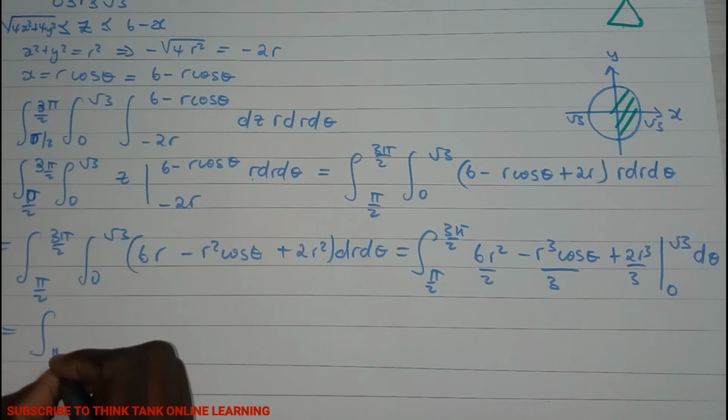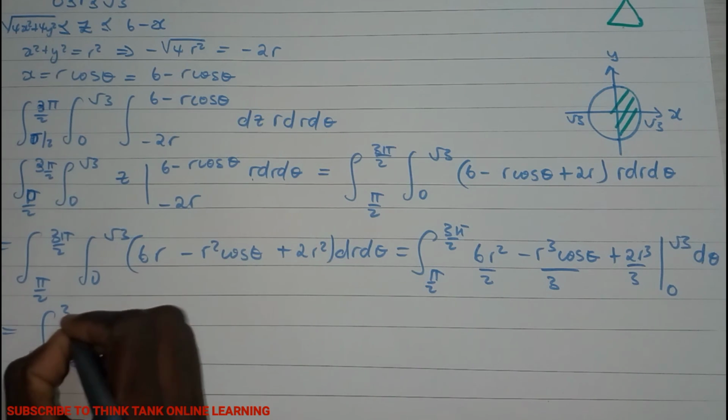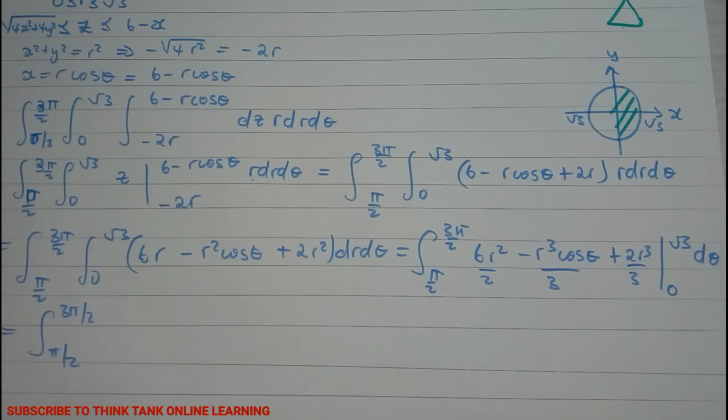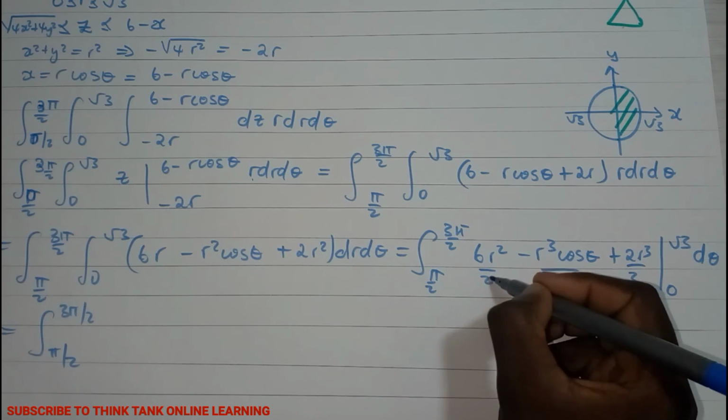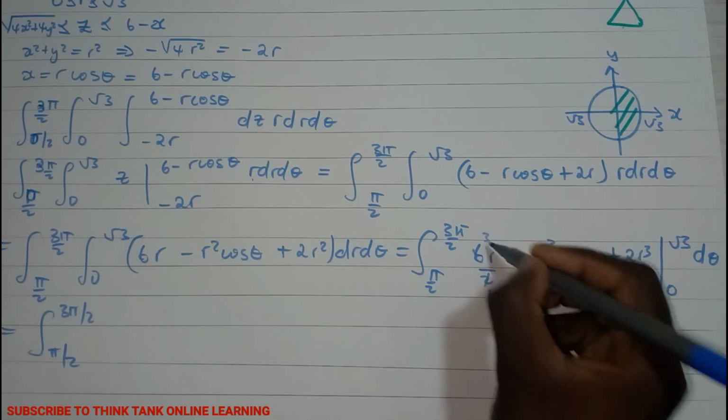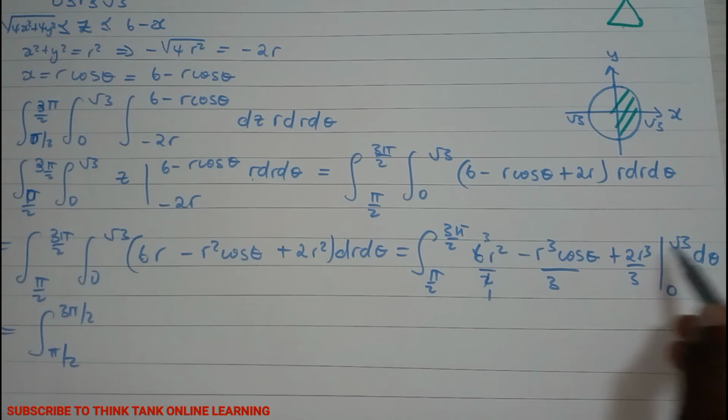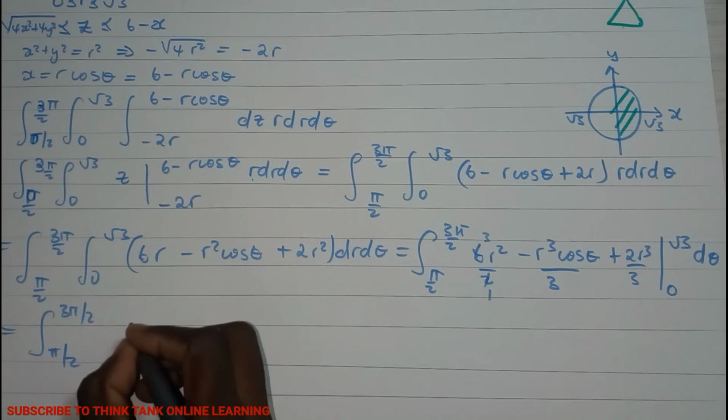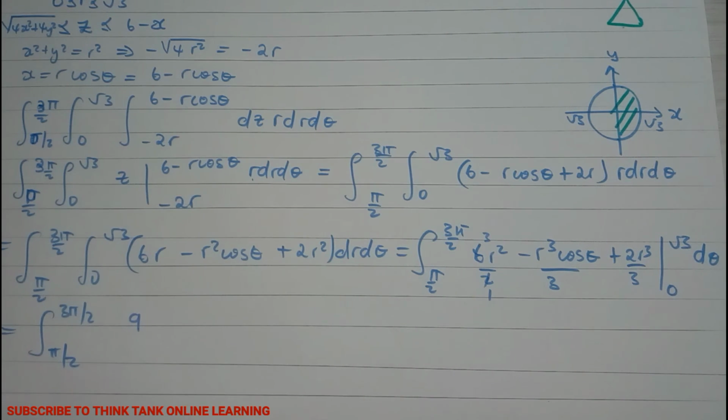If we simplify, putting in our limits, this equals 3 times r squared, and r squared is 3, so I'm going to have 9.